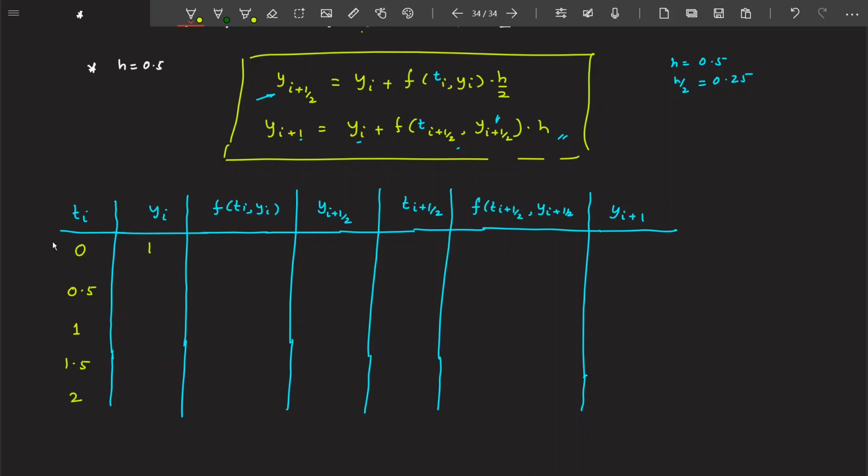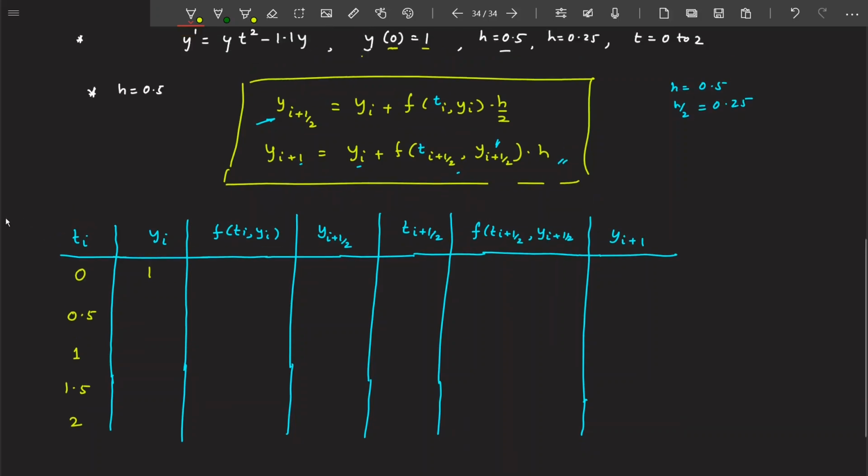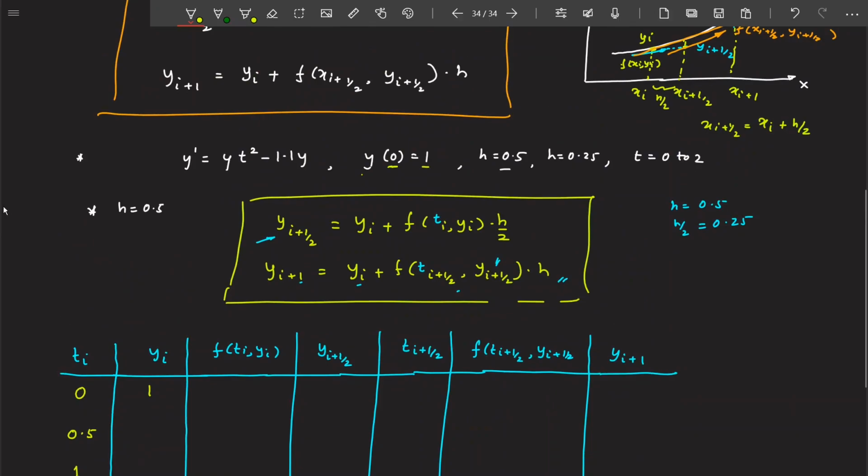Now let us calculate f of ti, yi. Based on this, we know that this function is nothing but y into t square minus 1.1.